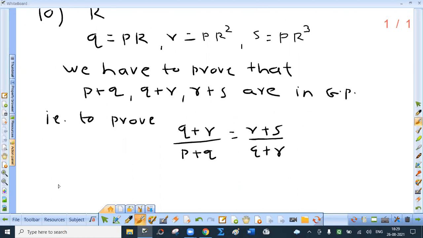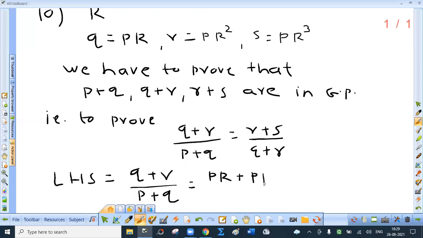Now LHS, Q plus R upon P plus Q. Substitute the values. What is Q? PR. What is small r? PR square, divided by P plus PR.